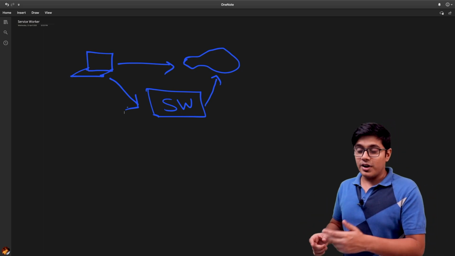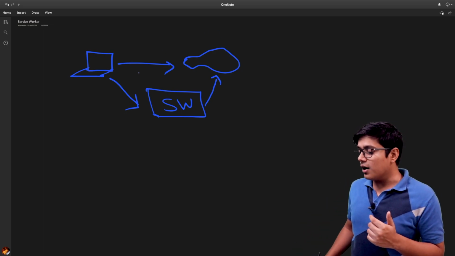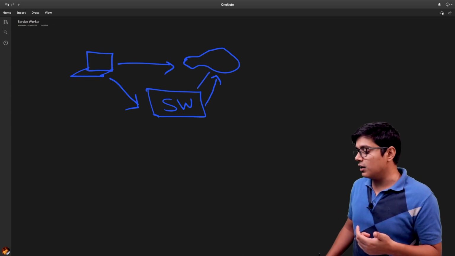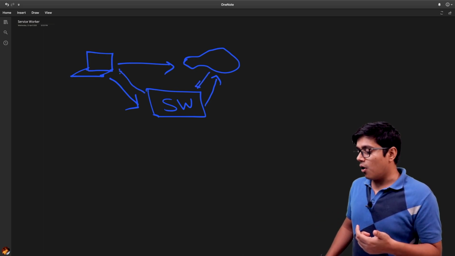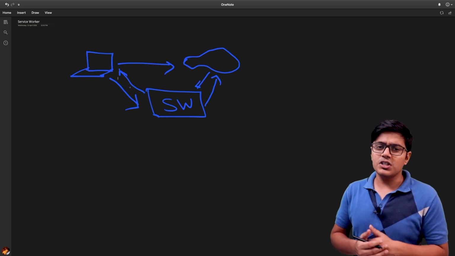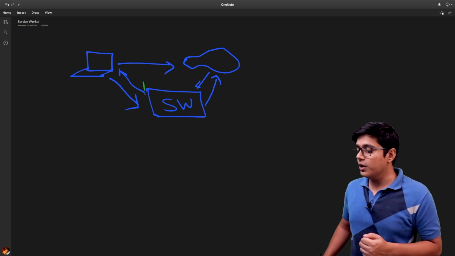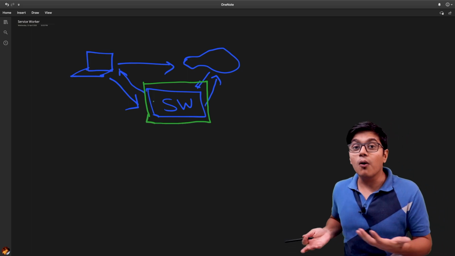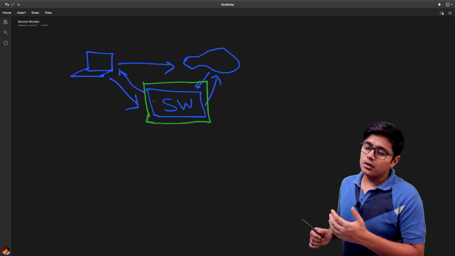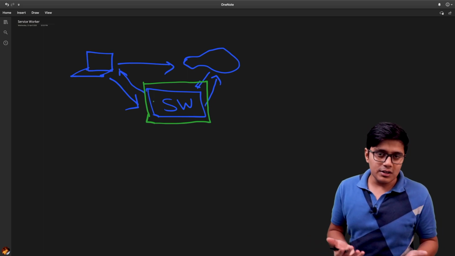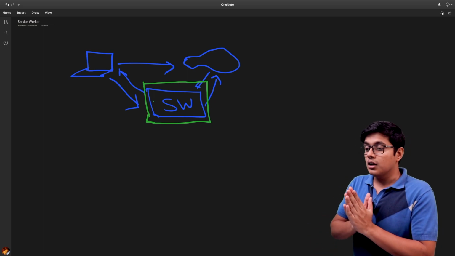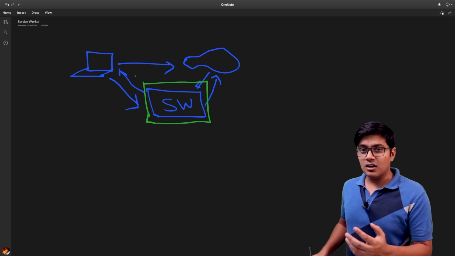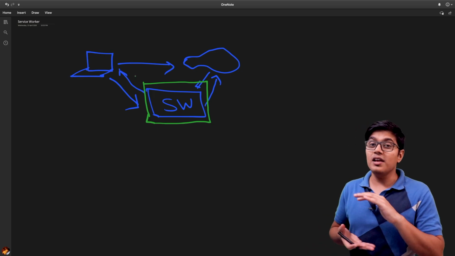One more benefit is, suppose you are calling the server and you are getting a response through the service worker to your device. Here you can intercept or change or manipulate the result how you want. Suppose in the lazy loading case, you have some data which needs to be lazy loaded to your main thread.